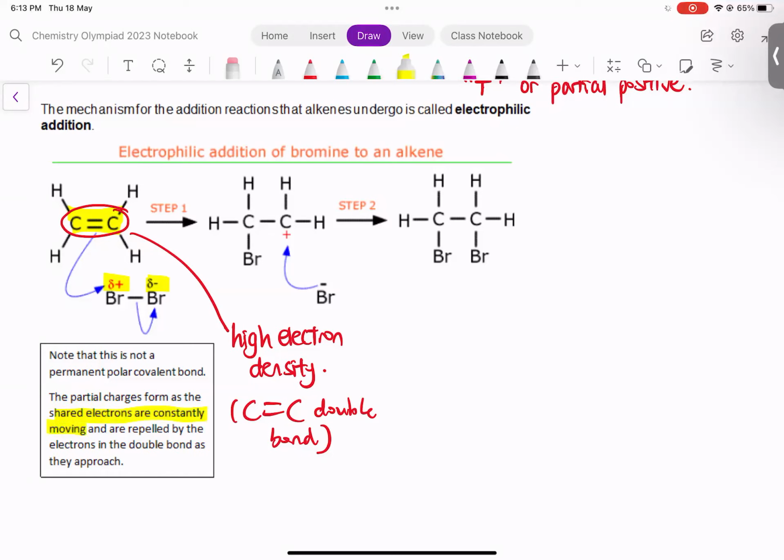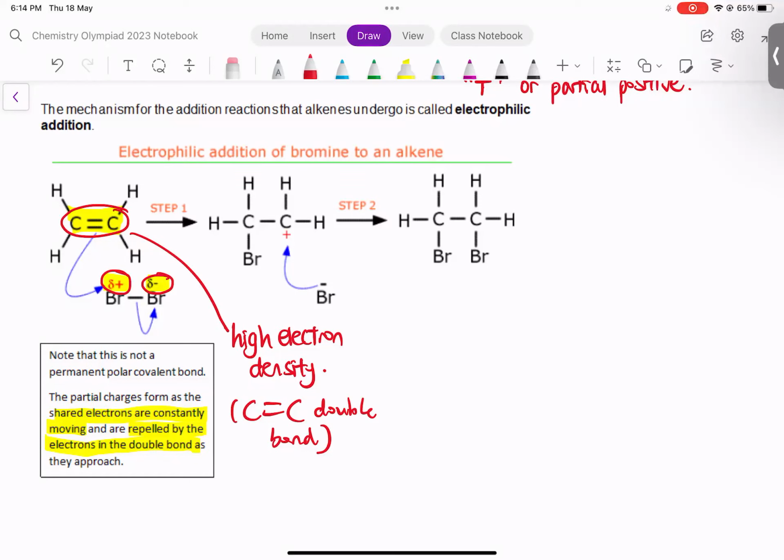As the Br2 moves closer, the double bond also has electrons, and these electrons start to repel the shared electrons. That's how you end up with delta plus, delta minus. So this is not a permanent polar covalent bond, but these partial charges can develop as the Br2 moves closer to the double bond and is repelled by the electrons in the double bond.